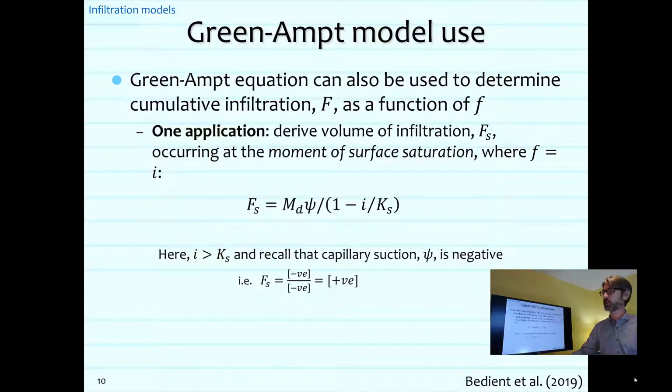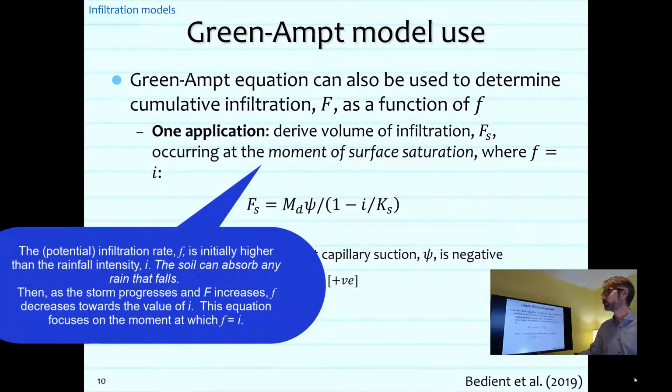The Green and Ampt equation can also be used to determine cumulative infiltration, capital F, as a function of lowercase f. So here I'm just switching things around. One application is that we derive the volume of infiltration, Fs, that's occurring at the moment of surface saturation, where f is equal to I. So our infiltration rate is equal to the rainfall intensity.